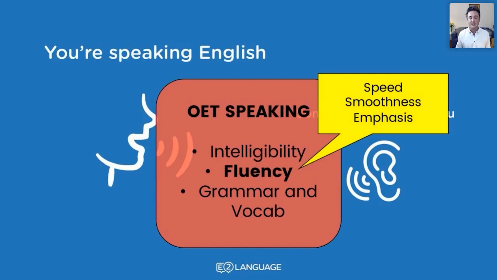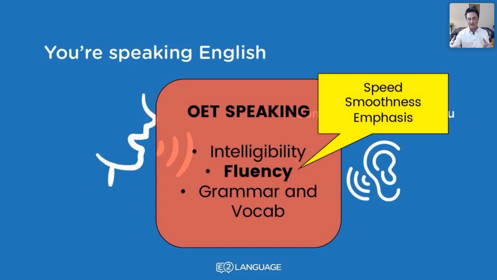Fluency is another aspect that you're evaluated on. This includes things like the speed or tempo of your speech, smoothness, that is whether or not you're hesitating when you're looking for the words. Do you have all the vocabulary and grammar there? Does it come to you automatically, or are you trying to sort of sift around and find a way to phrase something from your first language into English? And also emphasis.